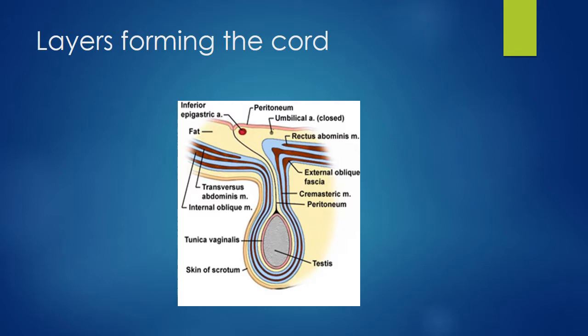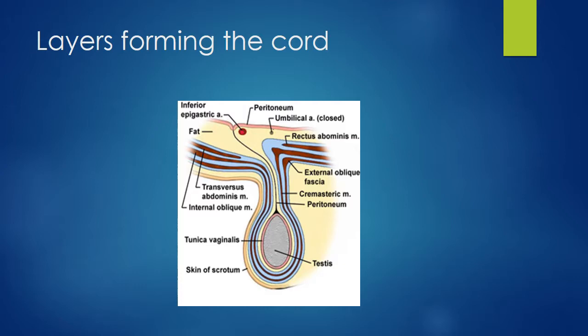The internal spermatic fascia is formed by an extension of the transversalis fascia. The extension of the internal oblique becomes the cremaster muscle, and an extension of the external oblique forms the external spermatic fascia. These of course form the layers of the scrotum as well, as they extend well into the scrotum.